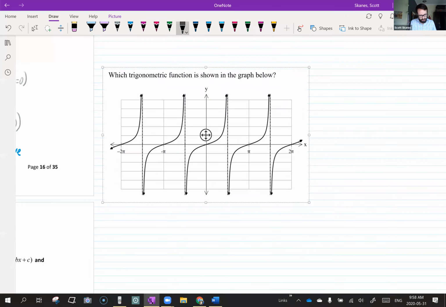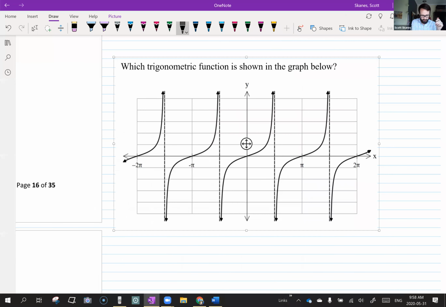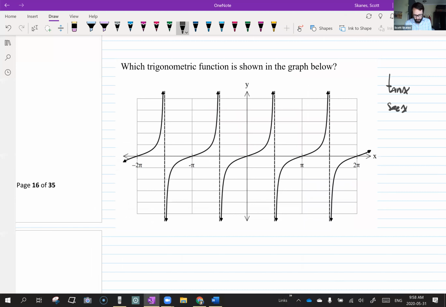Which trig function is shown in the graph below? You could tell me one of 4 functions: either tan of x, or secant of x, or cotan of x, or cosecant of x. Which one is it? You don't need to think too hard.